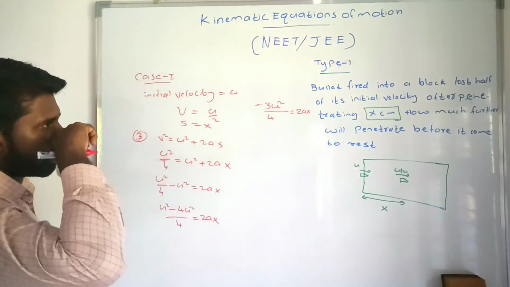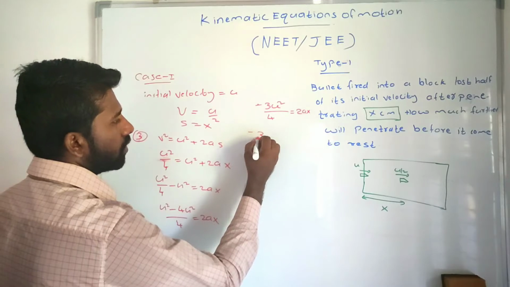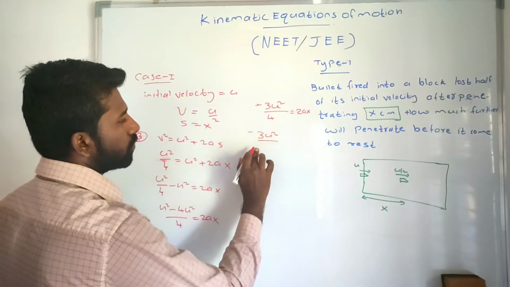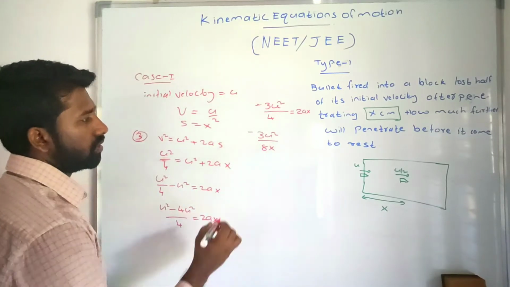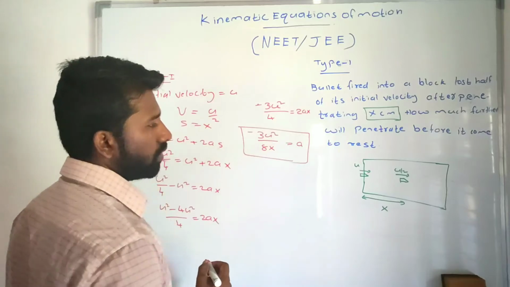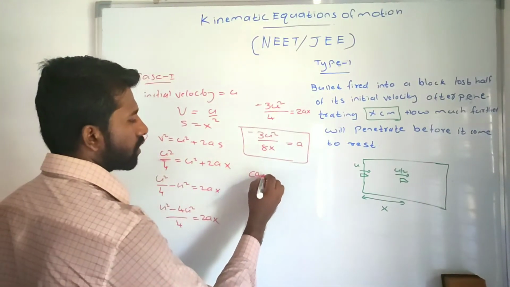What we need to find out is a. So we keep a there, and the remaining comes to this side. So a is minus 3u square divided by 2 into 4, that is 8x. This is the acceleration of the bullet in the block.